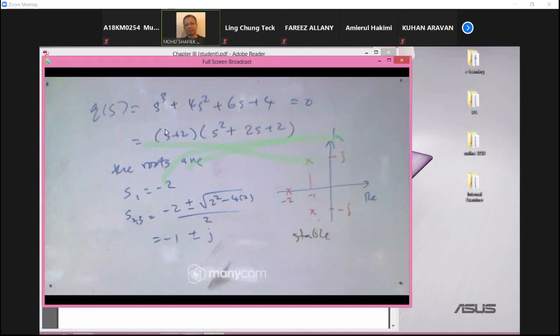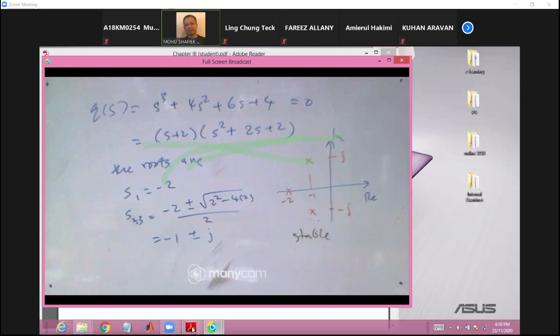Finding the roots of a higher order polynomial is not that easy. Even for a third order polynomial it is not easy to find the roots unless you have a very good calculator. Then you can just plug in the equation and the calculator will give you the roots. There's always a trick for that.